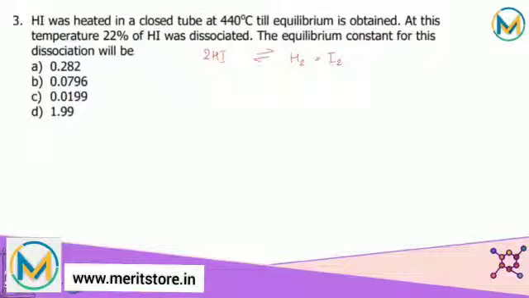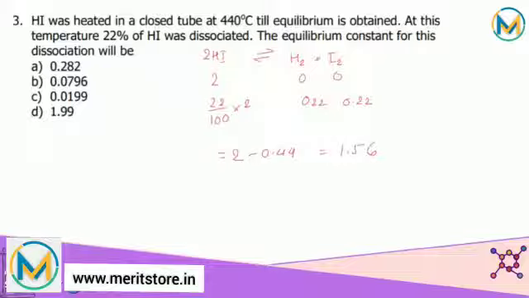Initial concentration is 2 moles and 0, 0. And at equilibrium, 22% is dissociated, that is 22 upon 100 into 2 moles. So here it is 0.22 and 0.22. So when we solve this out, at equilibrium HI is 2 minus 0.44, which is equal to 1.56.